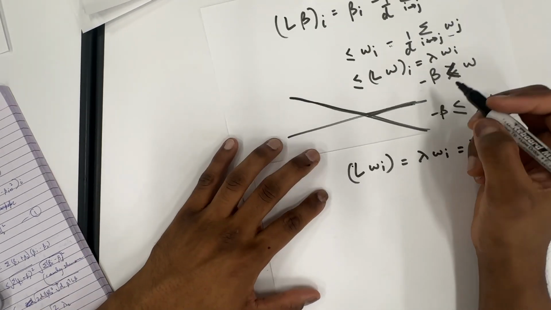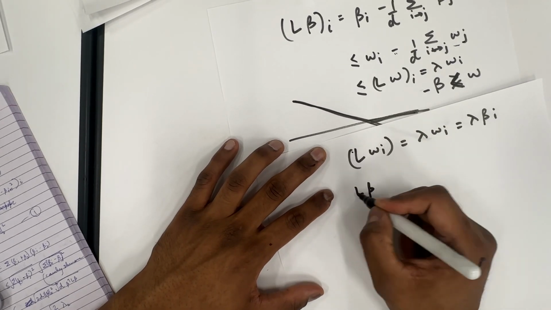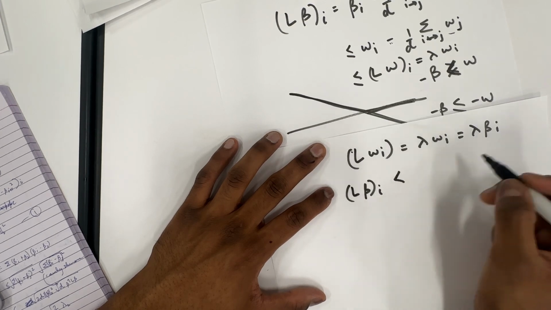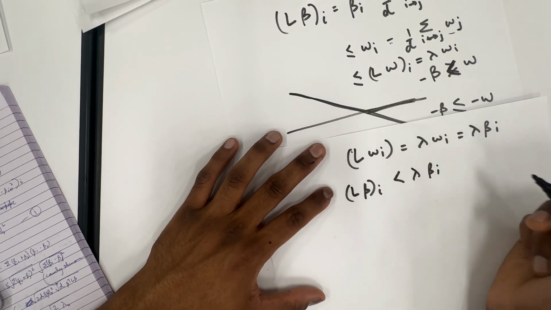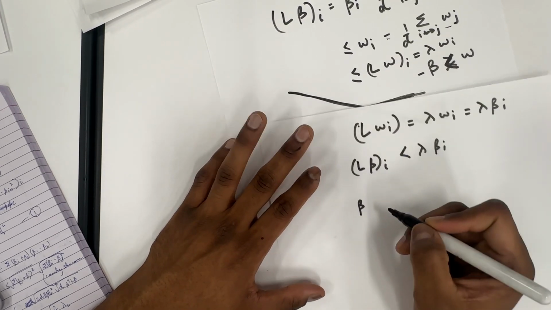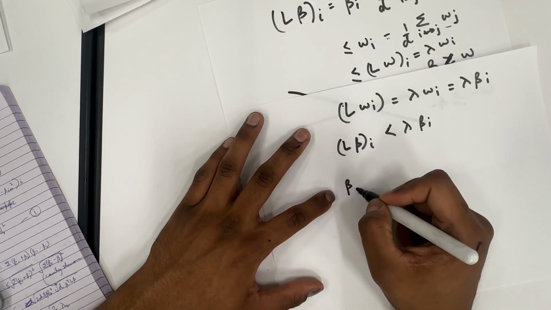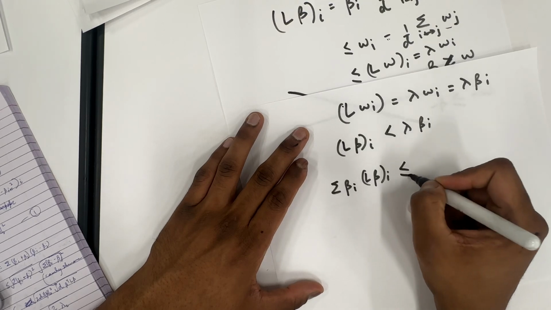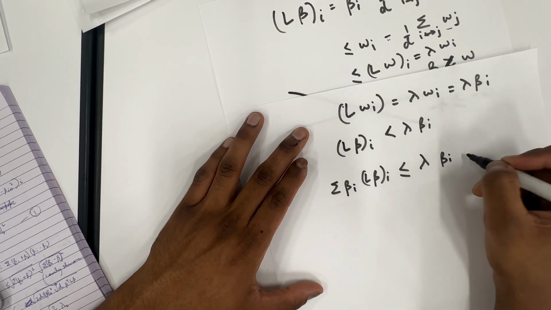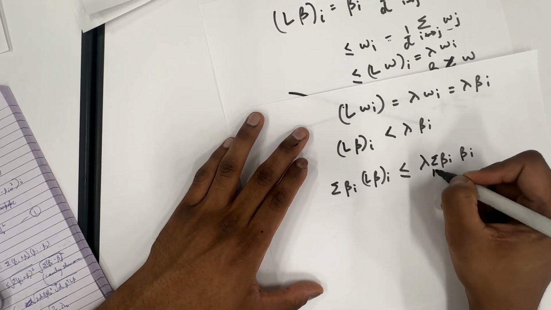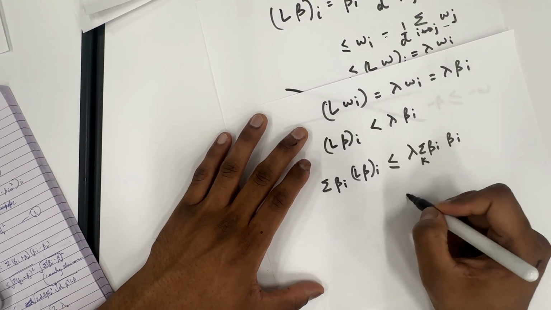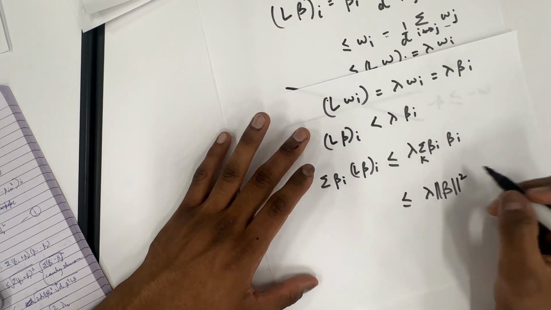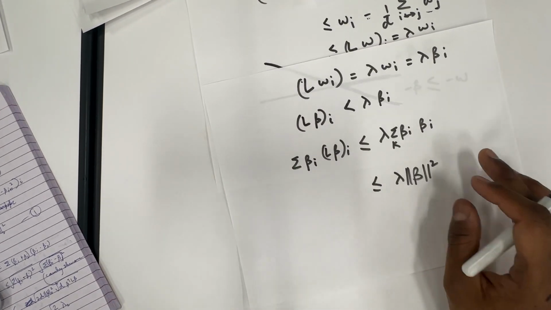So what I'm saying is now L beta, the ith one, is less than lambda beta i. Summing over just the first k elements, the sum of beta i times L beta i is less than lambda times the sum of beta i squared, which is essentially lambda norm beta squared, because it only has the first k elements and the rest are 0.